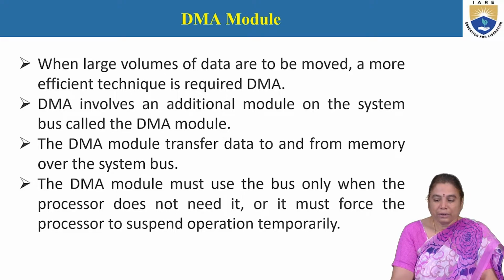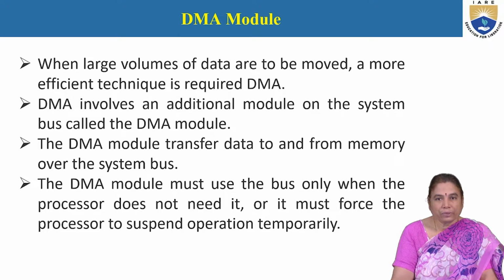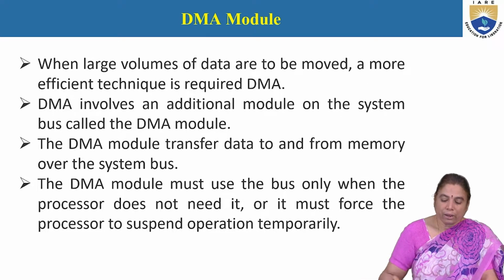DMA involves an additional module on the system bus called the DMA module. DMA modules transfer data to and from memory over the system bus. The DMA module must use the bus only when the processor does not need it, or it must force the processor to suspend operation temporarily.